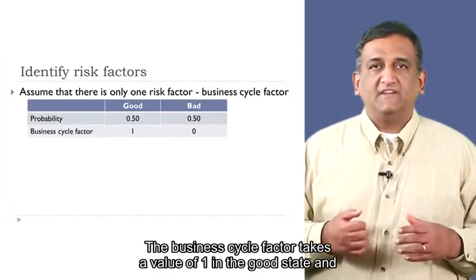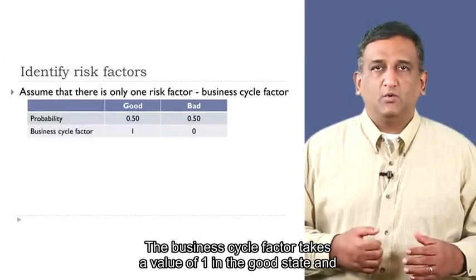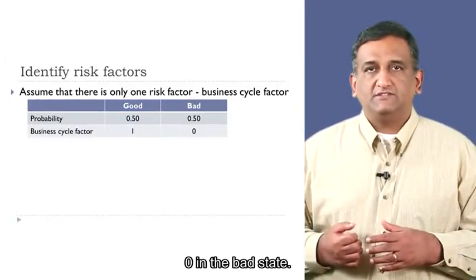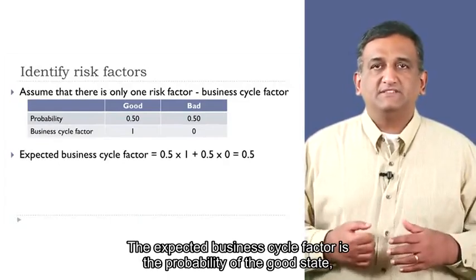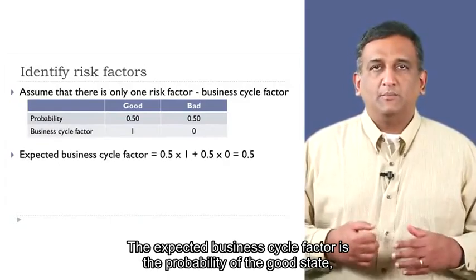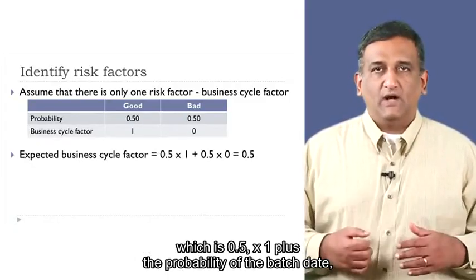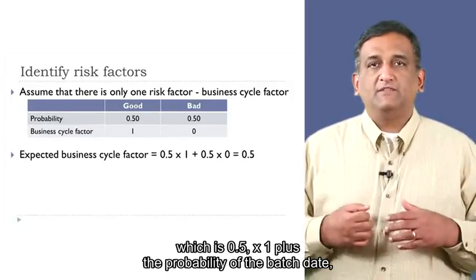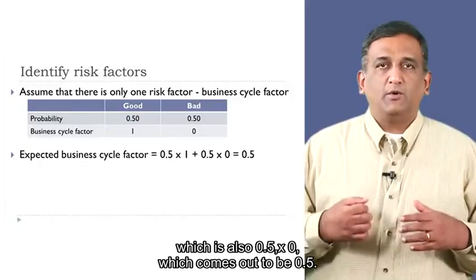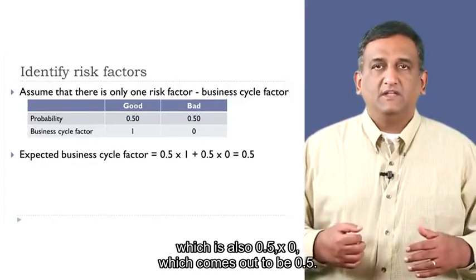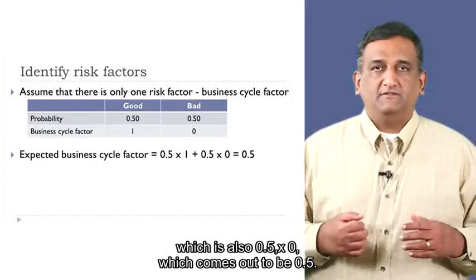The business cycle factor takes a value of 1 in the good state and 0 in the bad state. The expected business cycle factor is the probability of the good state, which is 0.5 times 1, plus the probability of the bad state, which is also 0.5 times 0, which comes out to be 0.5.